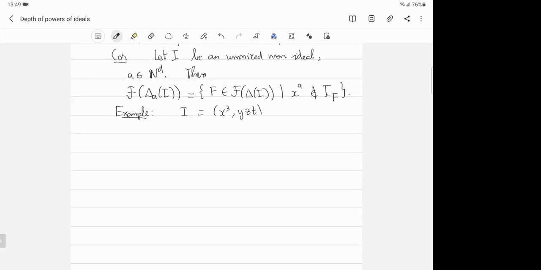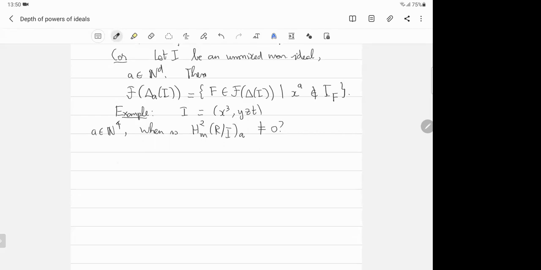You can ask, for example, the question that we were interested in last time: when is this local cohomology non-zero, right? In this case, A is now a non-negative vector in R^4.